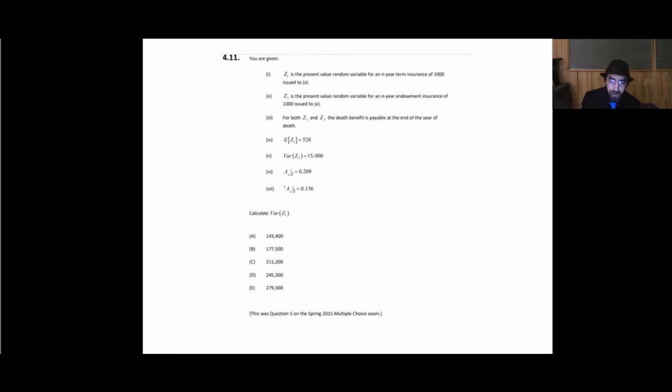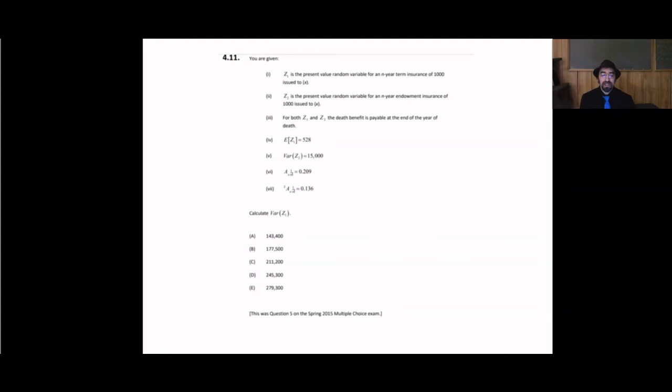And then the next two pieces of information they give relate to the pure endowment. Notice that this A value is the value only if the n years pass before the X-year-old dies. That's a pure endowment.